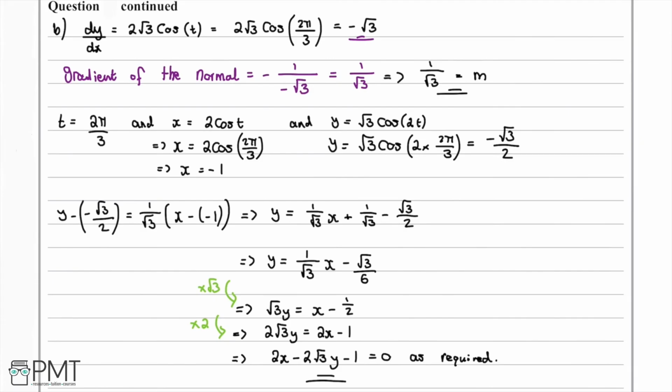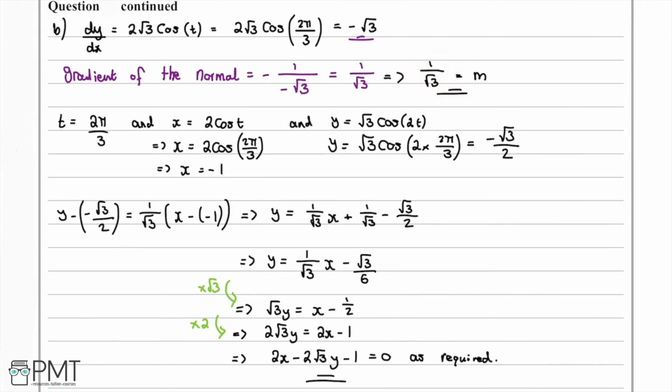For part B of this question, we receive our first mark for substituting t equals 2 pi over 3 into our equation of the gradient from part A to get negative root 3. We then receive our second mark for working out the gradient of the normal, knowing that it is negative 1 over the gradient from the previous part, so that's our second mark for getting 1 over root 3.